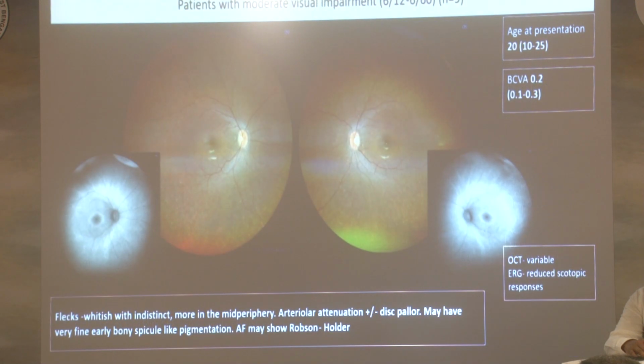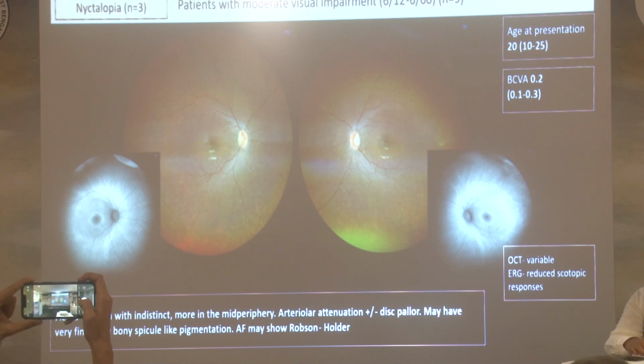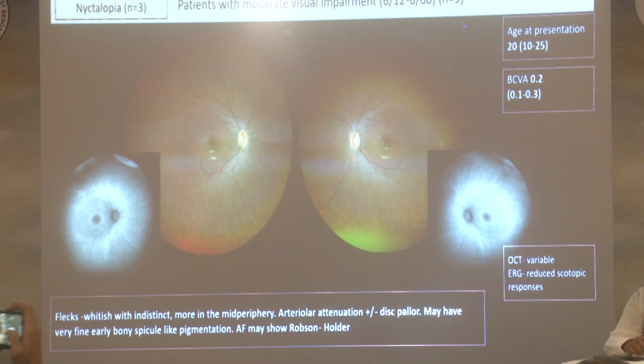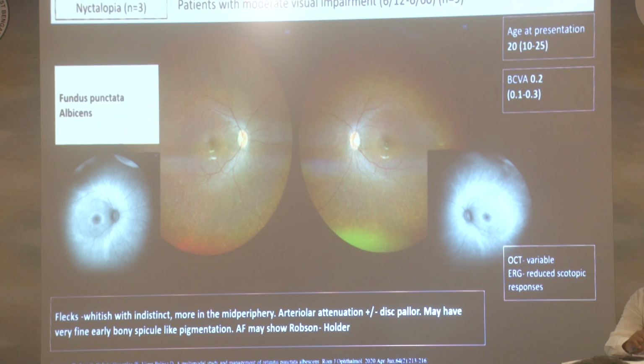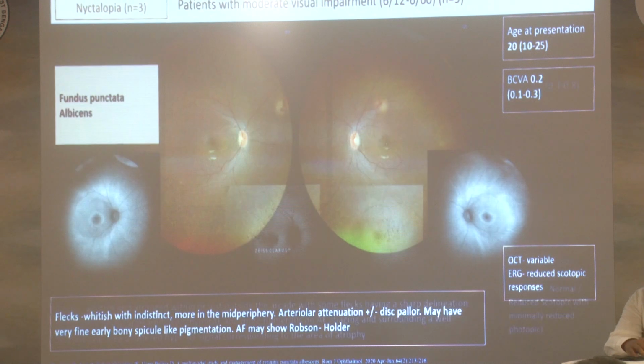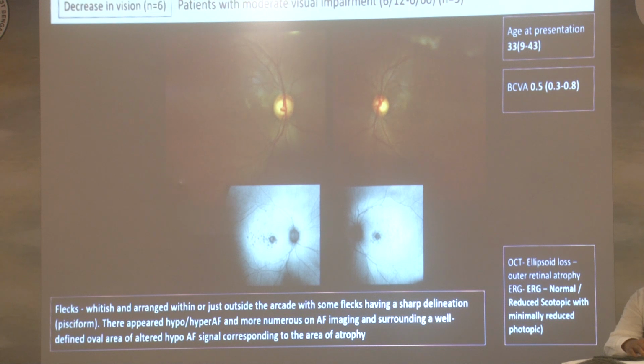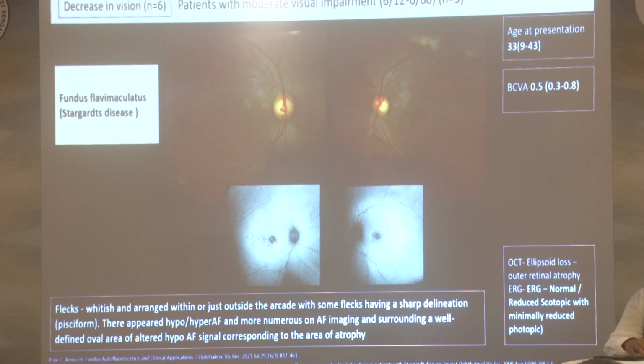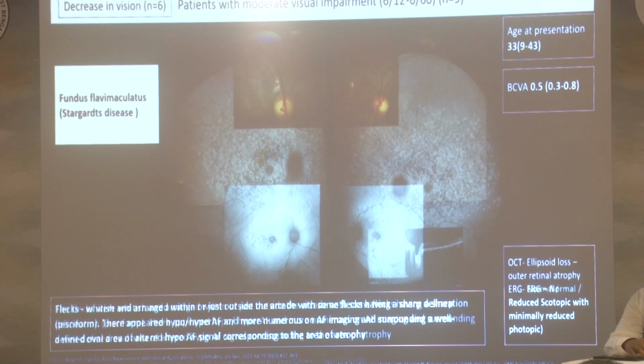Now, in group 3, again, we had 2 patterns. Nyctalopia was the presenting symptom in 3 patients, and the flecks in these patients were very indistinct, and it was associated with arteriolar attenuation. The autofluorescence had a very good Robson-Holder ring sign. These were the patients whom we diagnosed as fundus punctata albicans. In the same group, 6 patients did not have the history of night blindness, and they had these typical pisciform flecks which were located within the arcades, and it was associated with some amount of foveal atrophy, where we diagnosed the patients as fundus flavimaculatus.